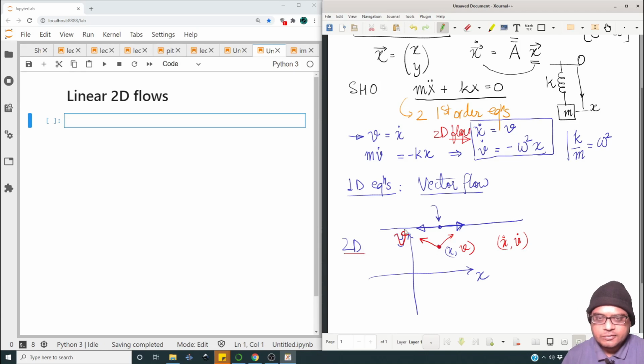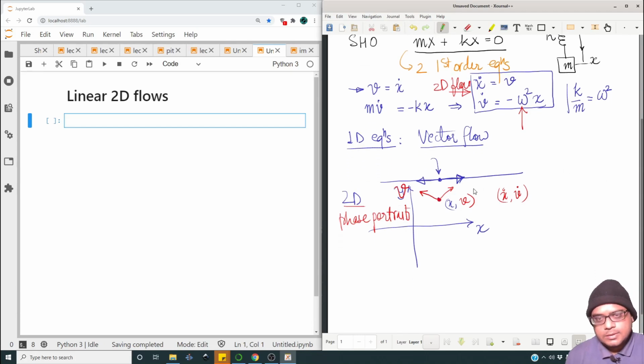So such kinds of diagrams are called phase portraits, and they tell us how various points in the two-dimensional abstract plane, in this case x and v, would move in response to this right hand side.